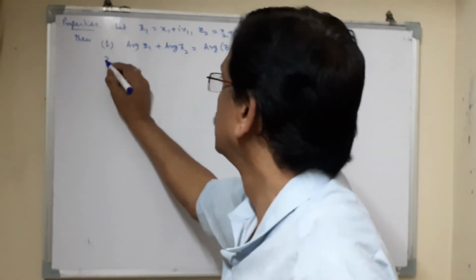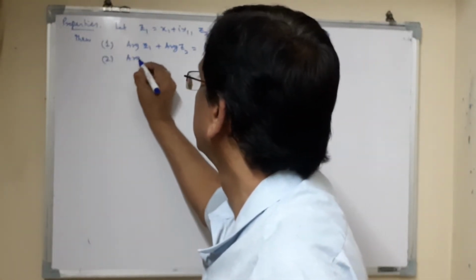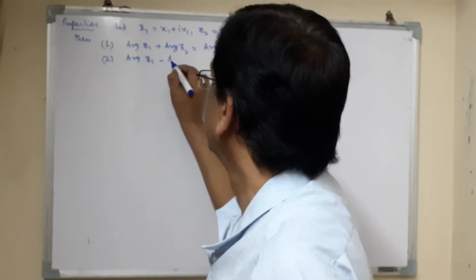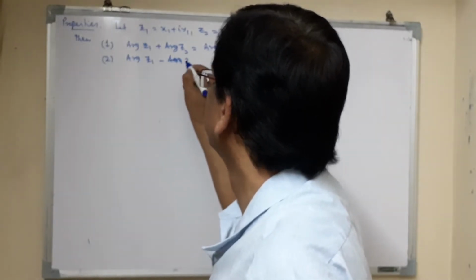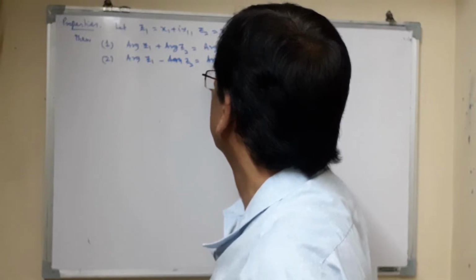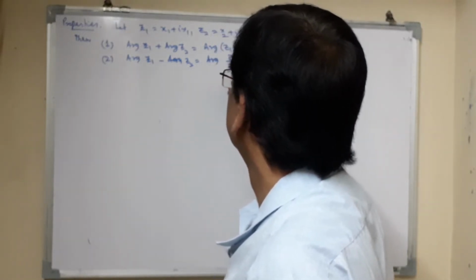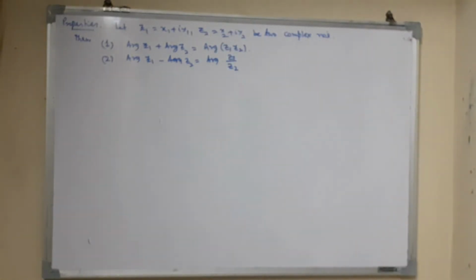And argument of Z1 minus argument of Z2 is equal to argument of Z1 by Z2.